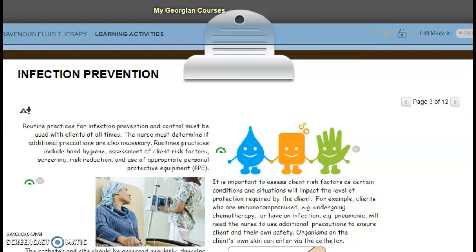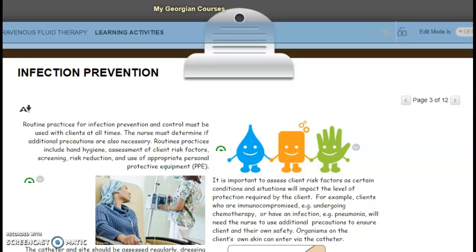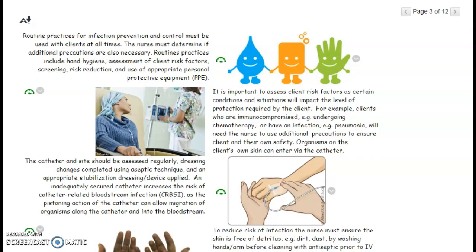Intravenous fluids are infused directly into the bloodstream. This means that there's a high risk of infection as we are breaking the skin barrier. It's important to practice routine infection prevention and control and wear the appropriate personal protective equipment as we are potentially exposed to body fluids.